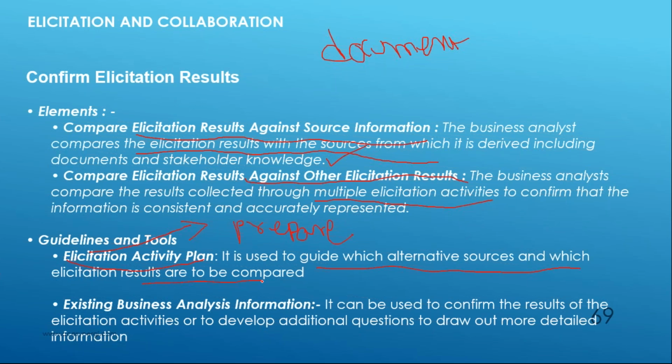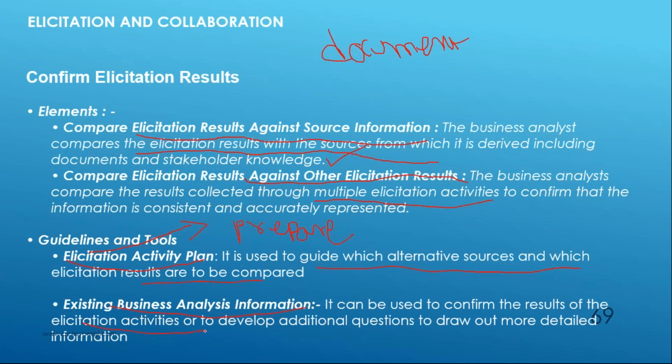You also refer to another guideline and tool, existing business analysis information, which is the information you have already captured. It can be used to confirm the results of the elicitation activity or develop additional questions to draw out more detailed information.